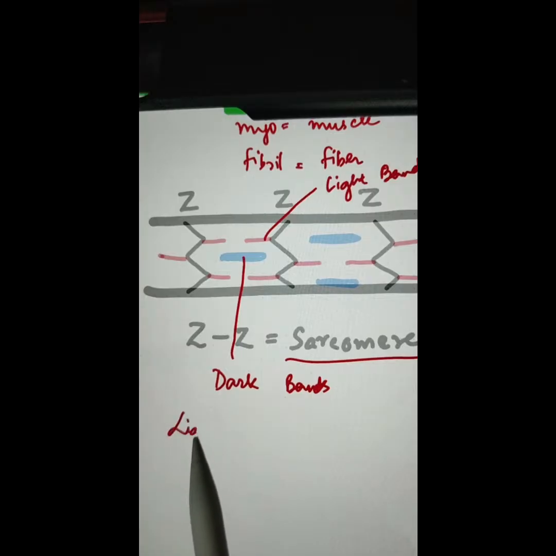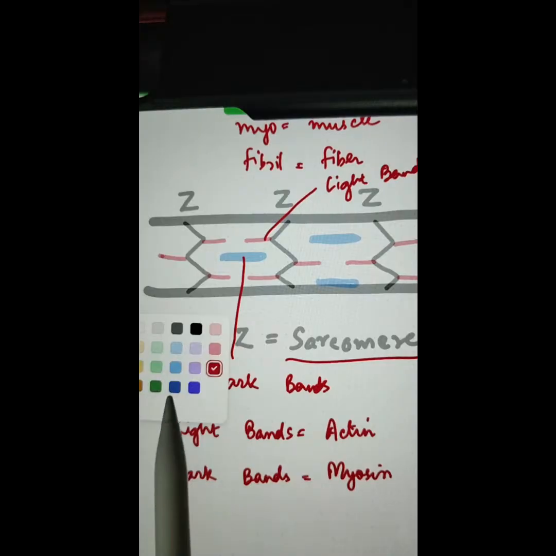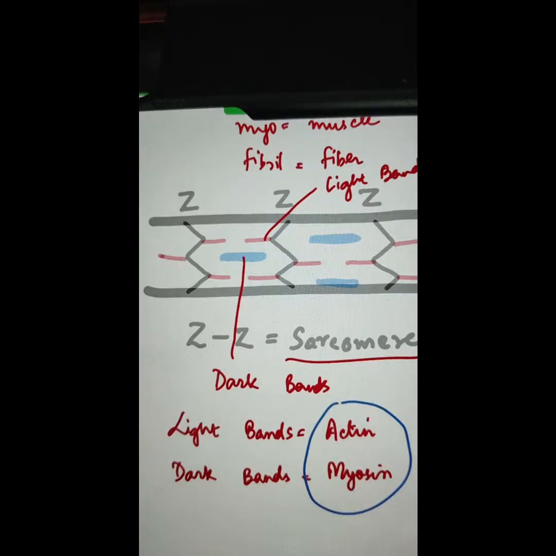Another important thing: the light bands are composed of the protein actin, whereas the dark bands are composed of the protein myosin. Because muscles contract and relax and help us in movement, these two proteins, actin and myosin, are known as contractile proteins.